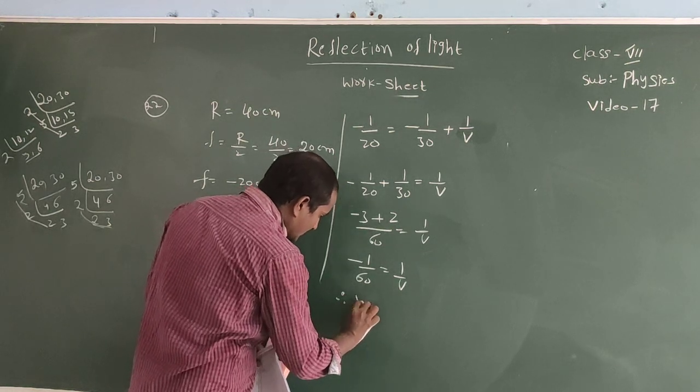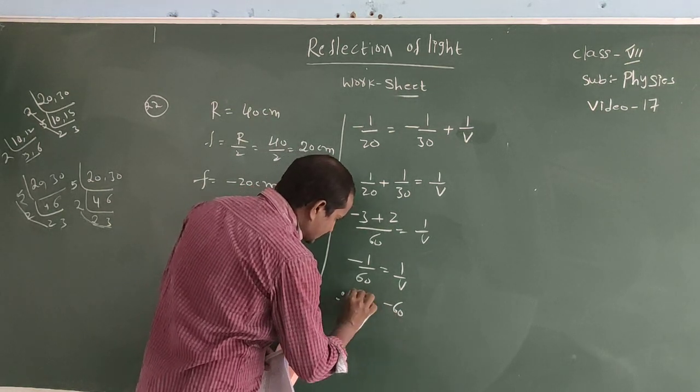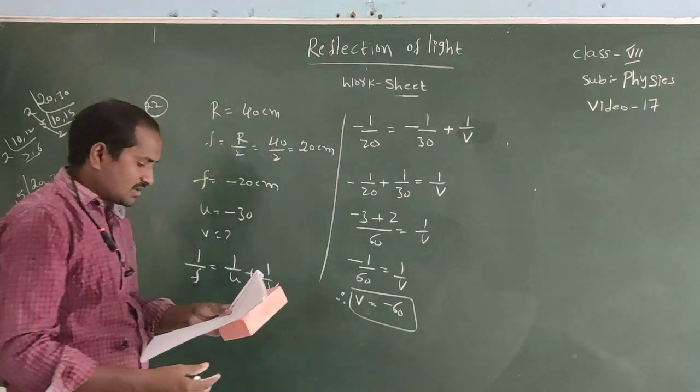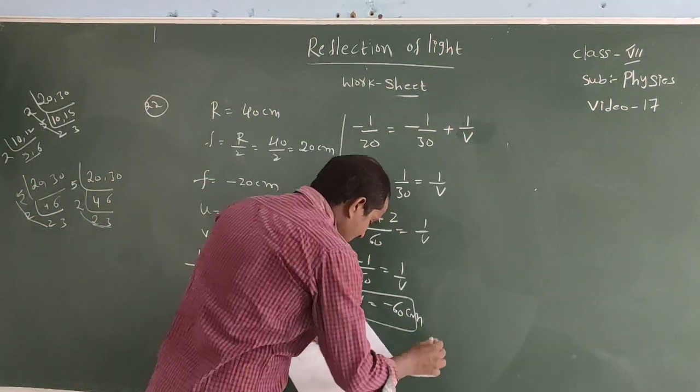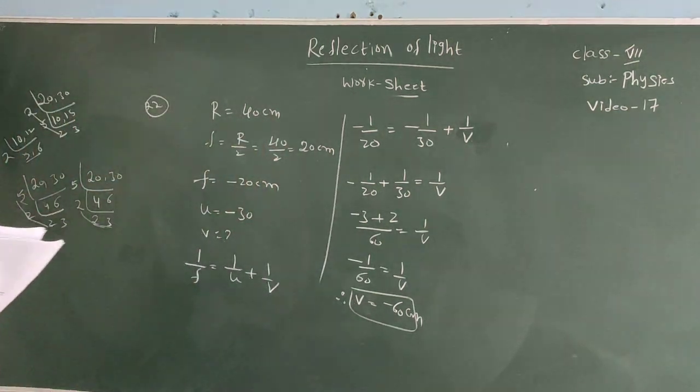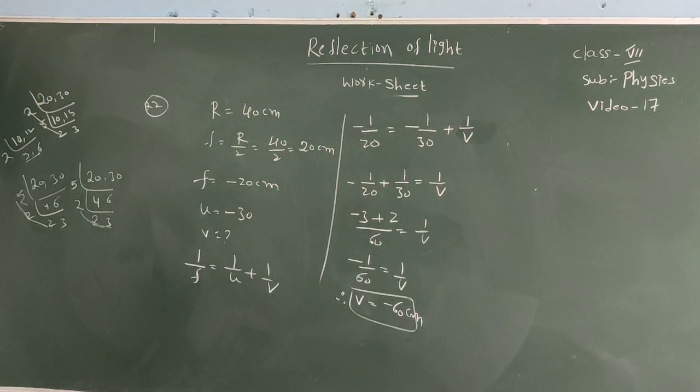Therefore v equal to minus 60. V equal to minus 60 centimeters. Okay, so we got minus 60.